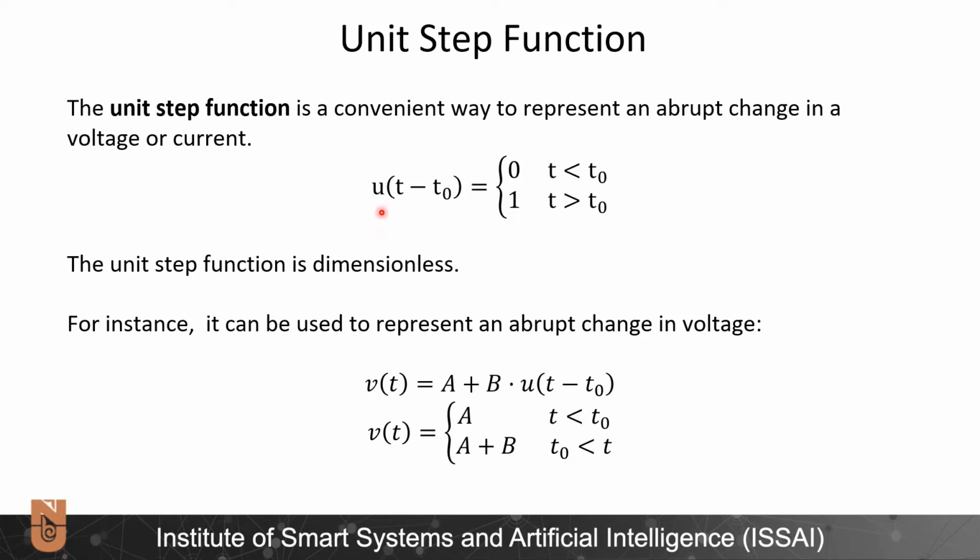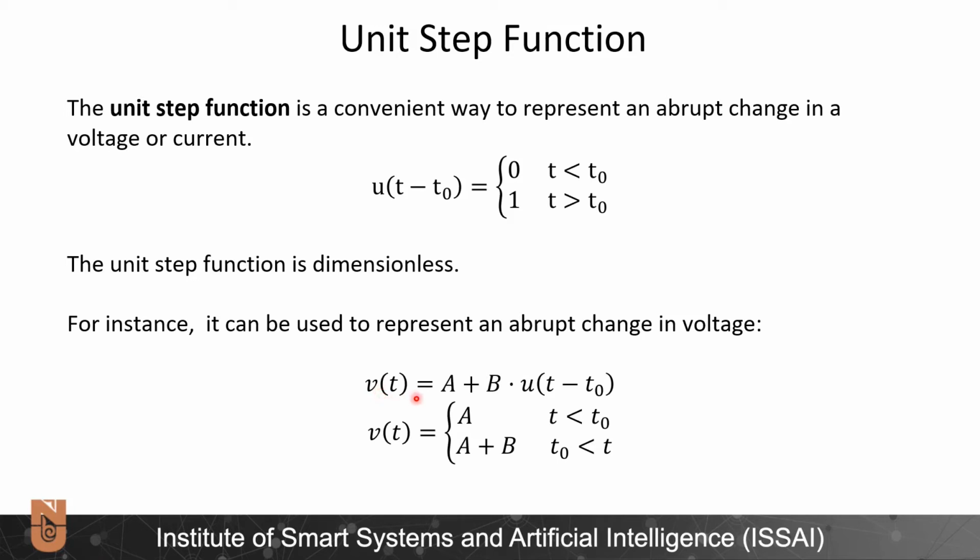Here, this expression u(t minus t0) is expressing a conditional mathematical statement in which the function value is 0 when t is less than t0 and it is equal to 1 when t is greater than t0. The unit step function is a dimensionless function and it is used with other physical quantities such as voltages or currents. For instance, it can be used to represent an abrupt change in voltage.